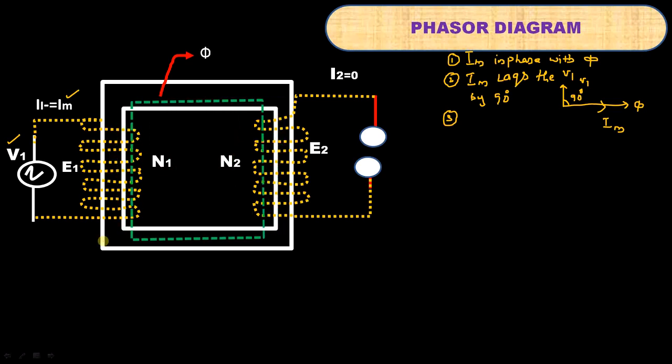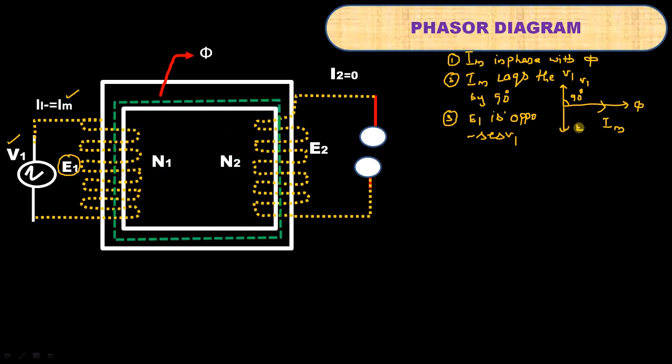The third point: the induced EMF E1 opposes V1 with equal magnitude, so it will come on this side.